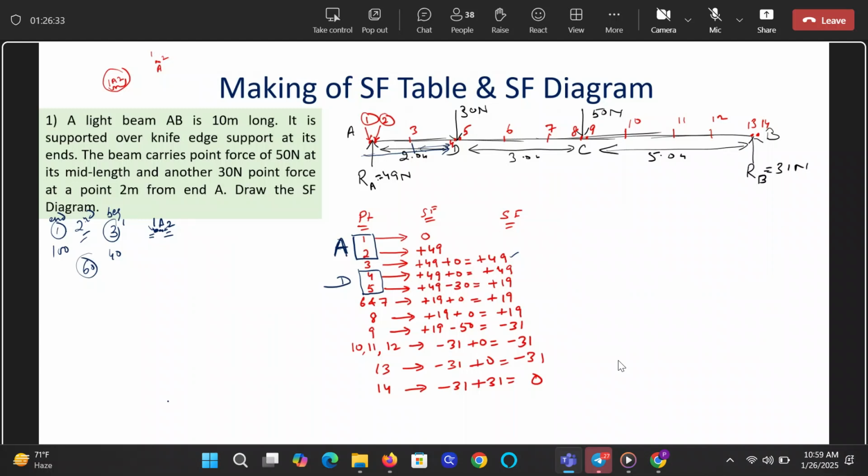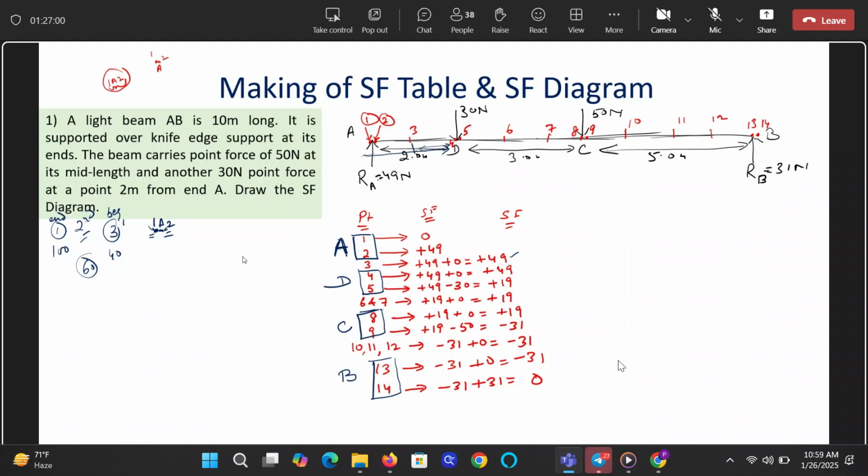Then what does the change at 8 and 9 represent? That is effectively what is happening at point C. And likewise, the change between 13 and 14 is effectively what is happening at B.